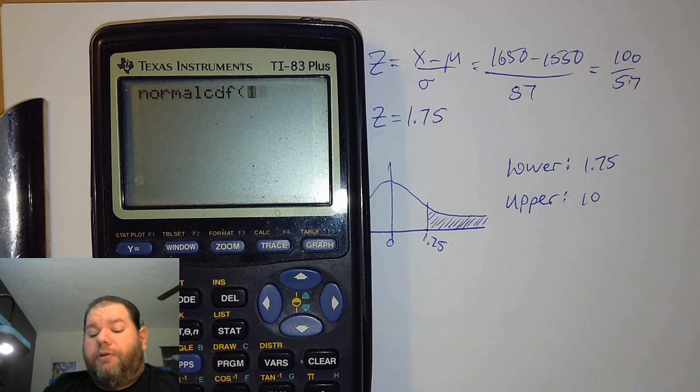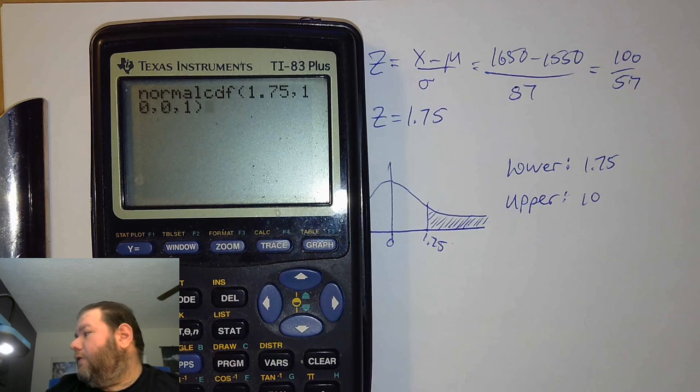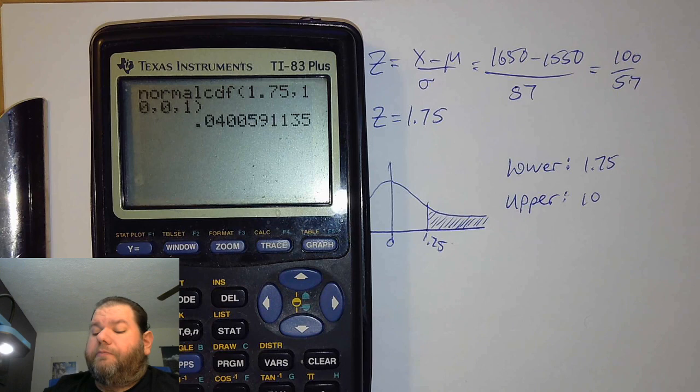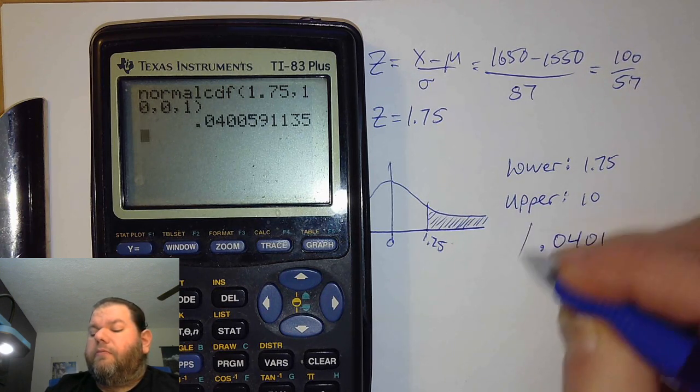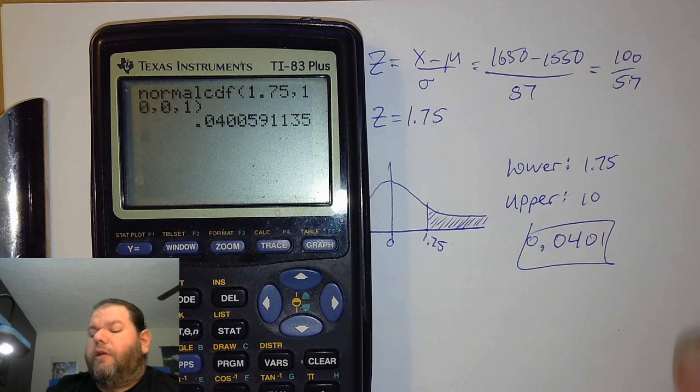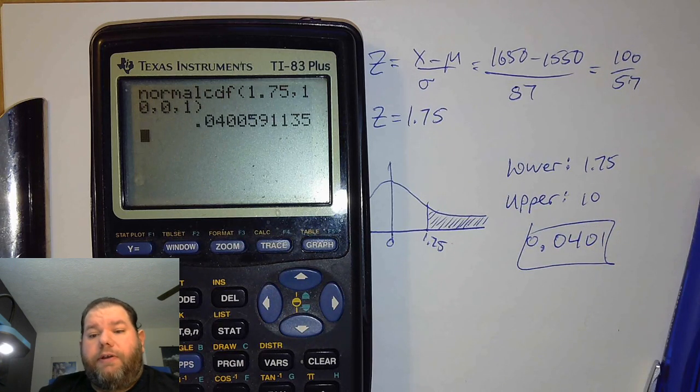And we'll enter lower and upper first, 1.75, comma, 10, comma 0, comma 1, close parentheses. And so 0.0401. So roughly 4% of the light bulbs will last more than 1,650 hours.